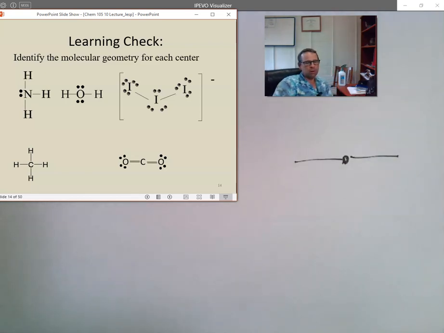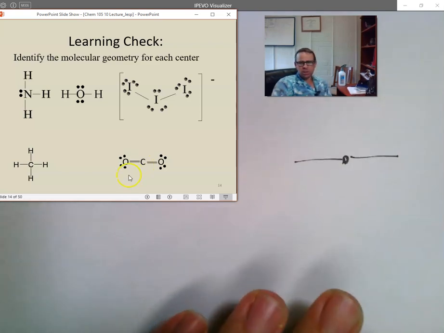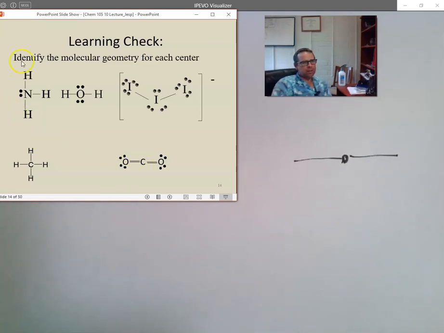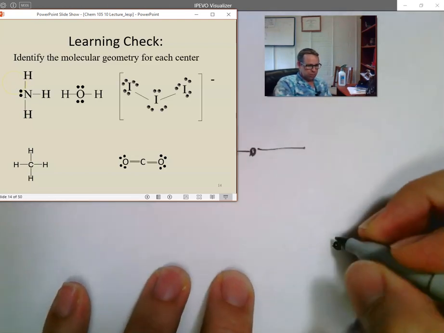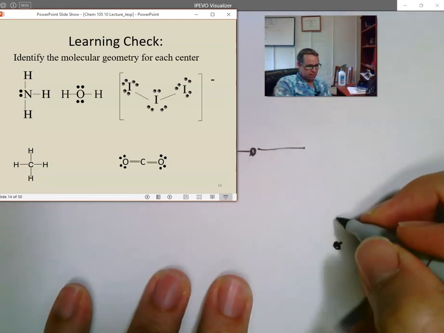Okay, very good. Rebecca, the shape of the electron domains here is tetrahedral. However, when one region is non-bonding, the resulting shape looks like this.